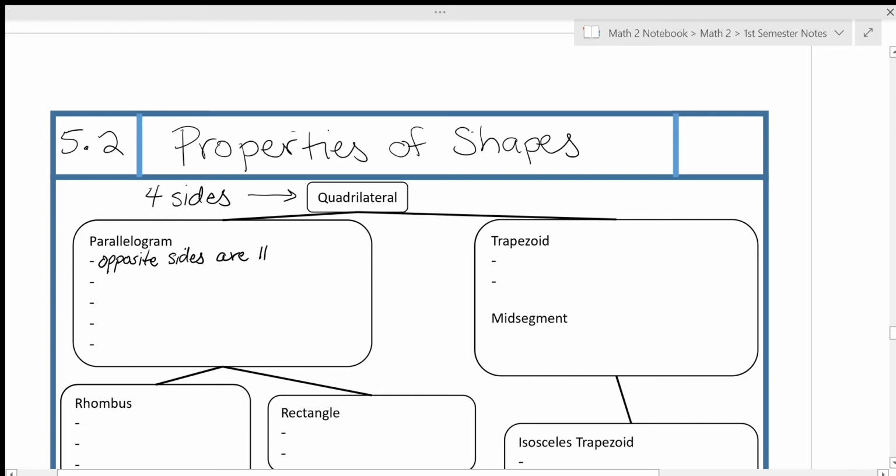They have opposite sides that are congruent. They have opposite angles that are congruent.